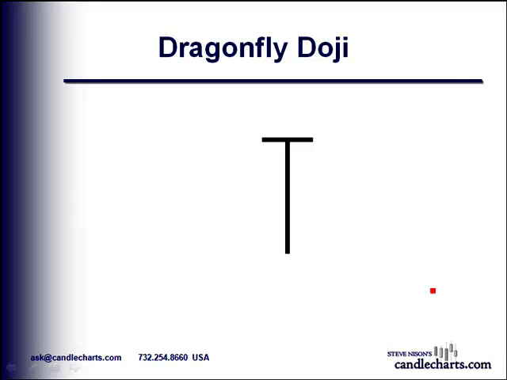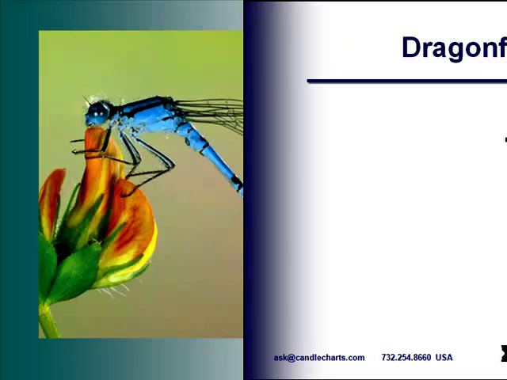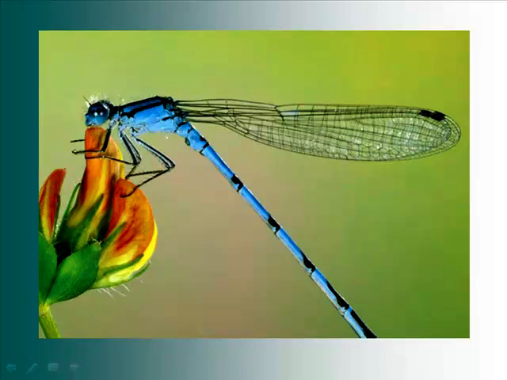Essentially, a Dragonfly Doji is where the open, high, and close are all near the highs of the session. So as the hammer gets a smaller and smaller real body, it could wind up being a Dragonfly Doji. And the reason it's called a Dragonfly Doji, here's a picture of a dragonfly. The Japanese have, so this would be like the Doji here.